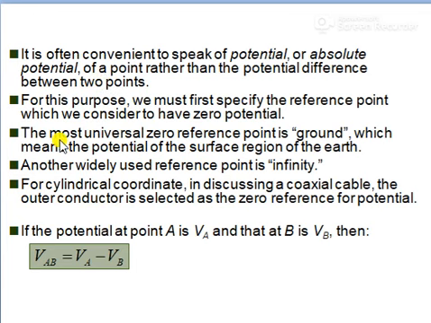So if the potential at point A is VA and at B is VB, then VAB is equal to VA minus VB. It is the difference between the potential at A and the potential at B. This was about potential and potential difference. Thank you.